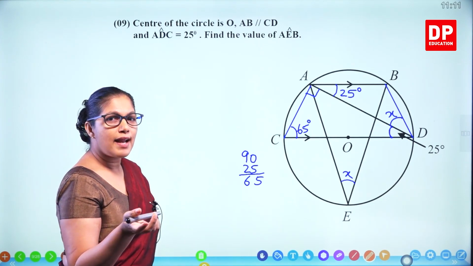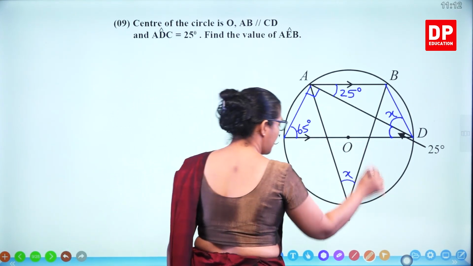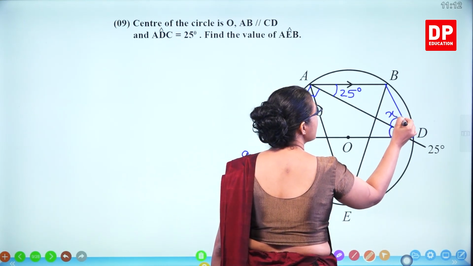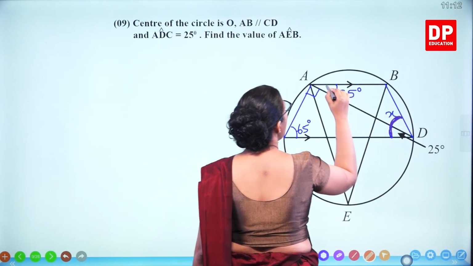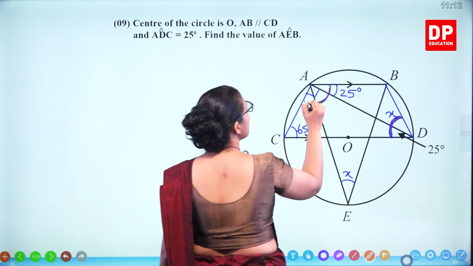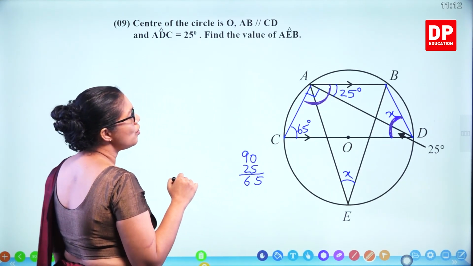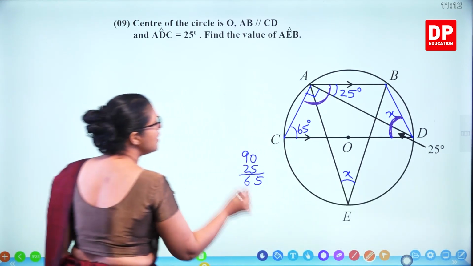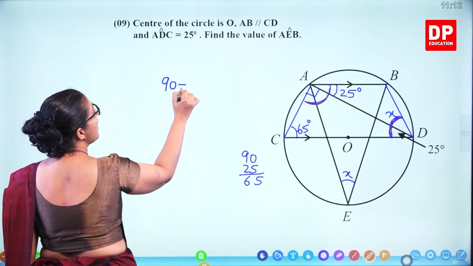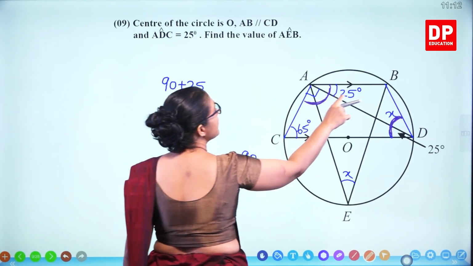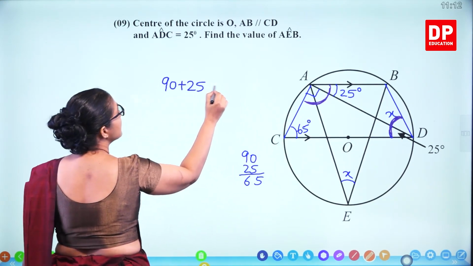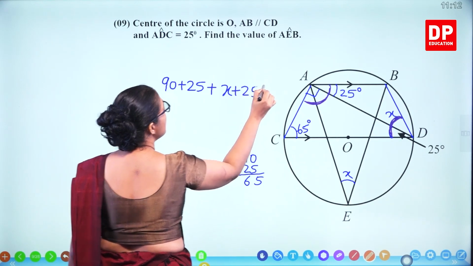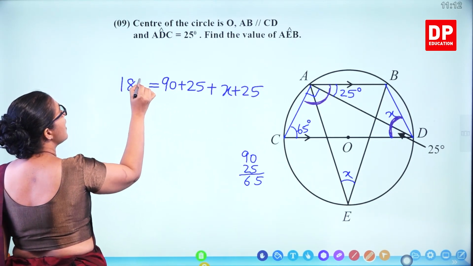In a cyclic quadrilateral, the sum of opposite angles is 180. So this one and this one should be equal to 180. So we'll write an equation. 90 plus 25, that's this angle, plus x and 25. x plus 25, that's equal to 180.